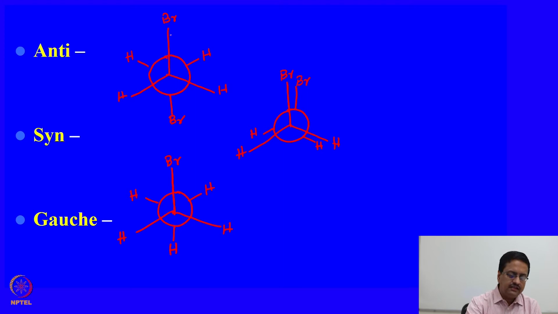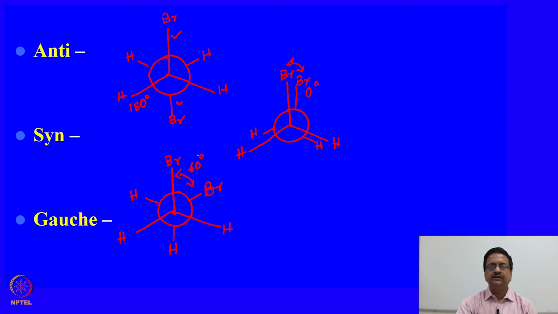So, here the two bonds in anti are at 180 degrees. Here the two bonds of C-Br are at 0 degrees, and here the two bonds about bromine are at 60 degrees.